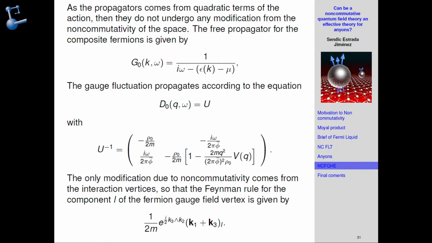The point here is that, as for Fermi liquid field theory, the propagator is not changed, but the modification or the dual non-commutativity comes from the interaction vertices. In this case, it has this form for gauge fields with the matter.